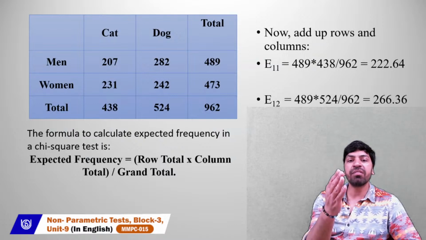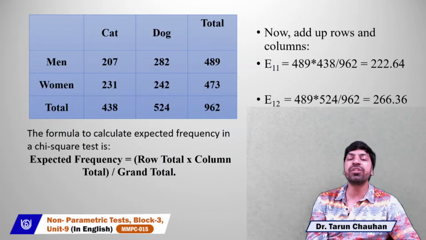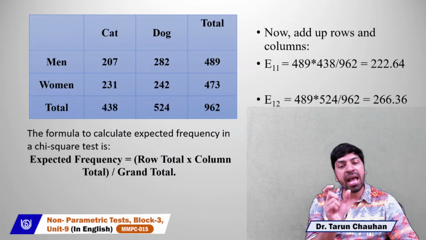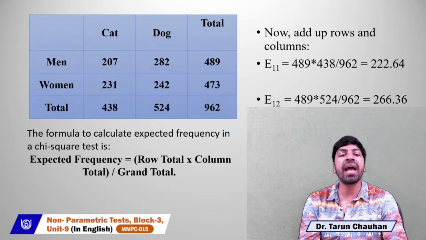That means the total of men and women and the total of cat and dog remain equal, and when the row and column totals are equal, that becomes the grand total.